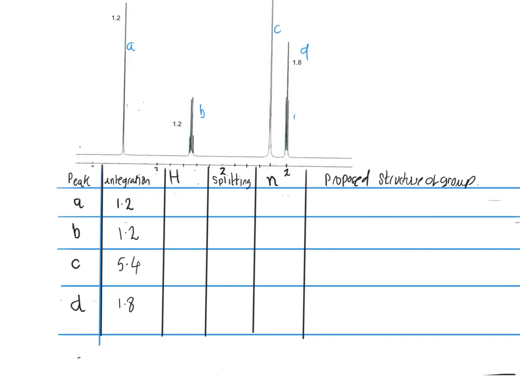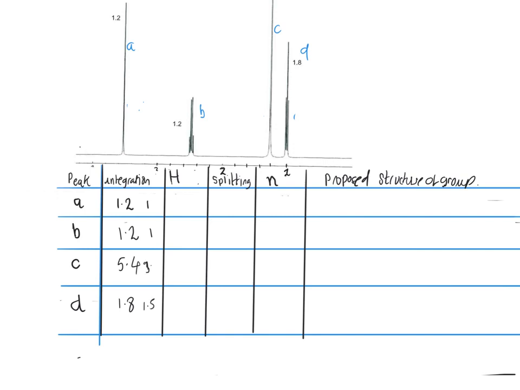Now these are simply the ratios of the hydrogens, and they're not whole numbers. We know that our molecule has 16 hydrogen atoms altogether. If we divide these through by the smallest, we get a ratio of 1 to 1 to 4.5 to 1.5.